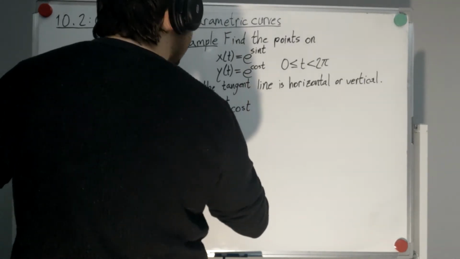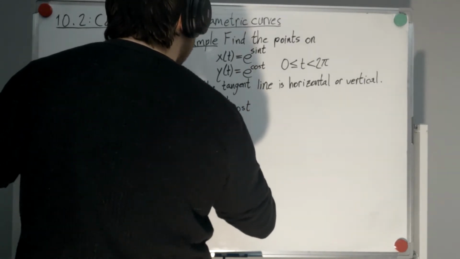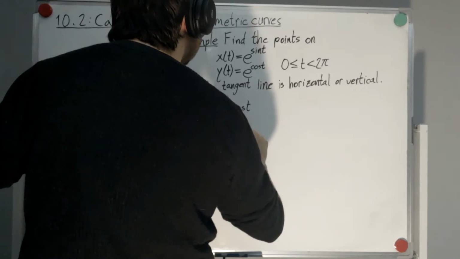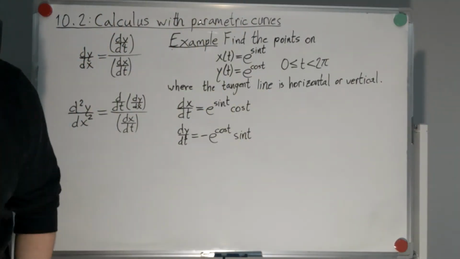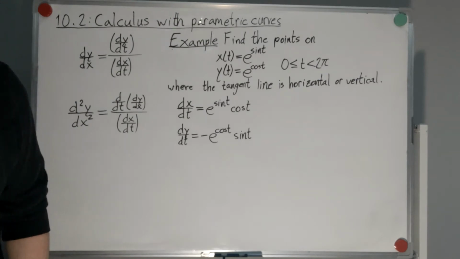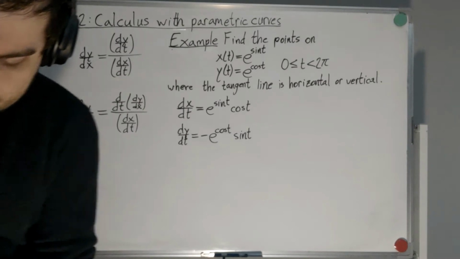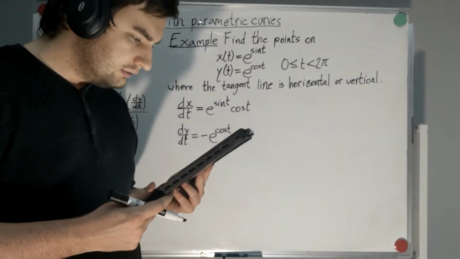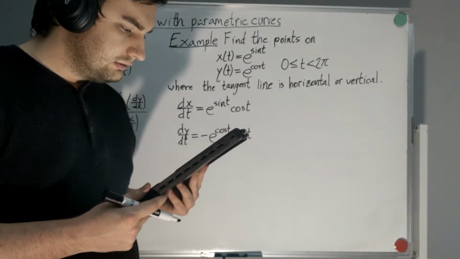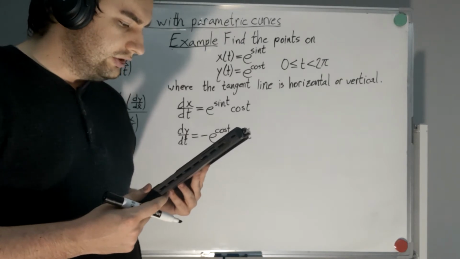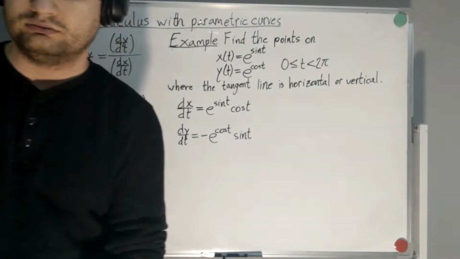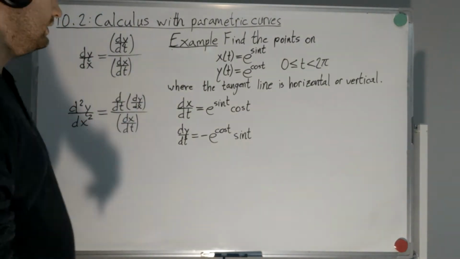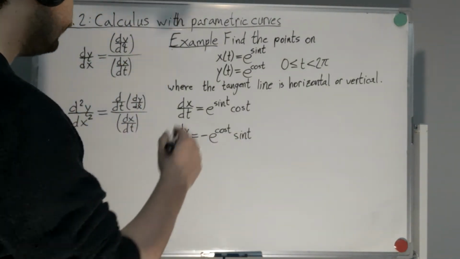This is going to be negative e to the cosine t times sine t. Wait a second. Huh, I appear to have made a mistake in my notes. Okay, that's fine. I'll sort it out later, before I upload this video.